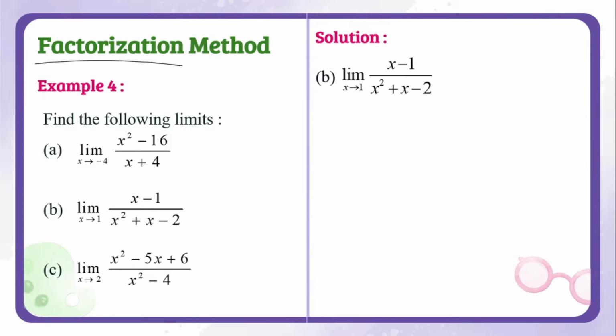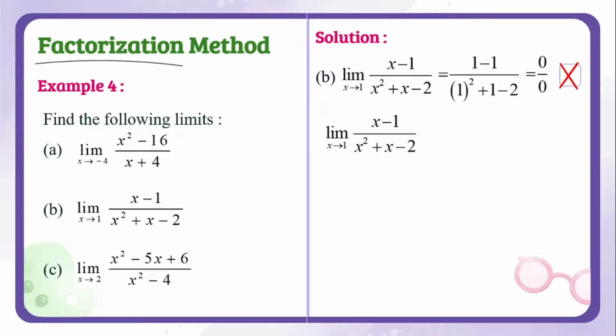For question B, it is the same as question A. First, we try to substitute the approach value 1 into the fractional function and get 0 over 0. We already know that it is an indeterminate form. Since the denominator has a quadratic expression, we can factorize it and get the limit of x minus 1 over x minus 1 times x plus 2.